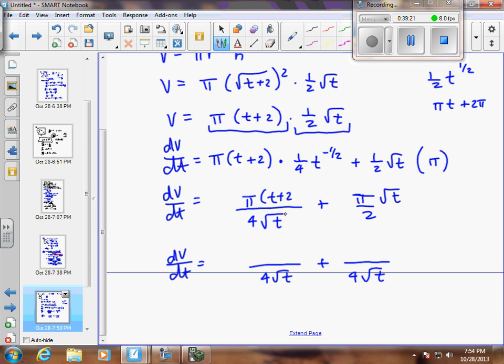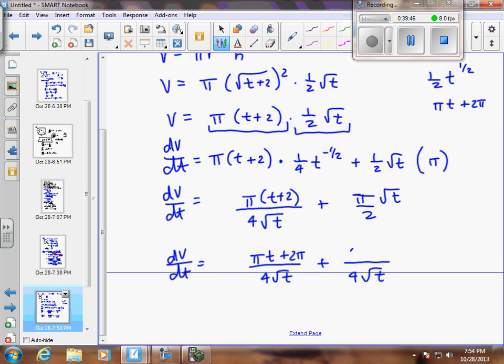Which means this one doesn't change. And I'm probably going to need to distribute there in order to combine it. So I'll go ahead and distribute pi to get pi t plus 2 pi. And over here, very good.